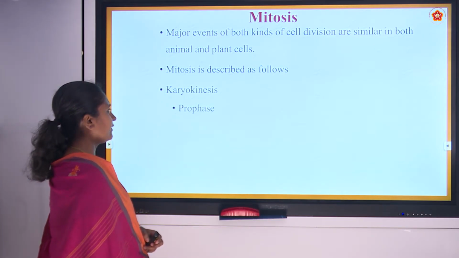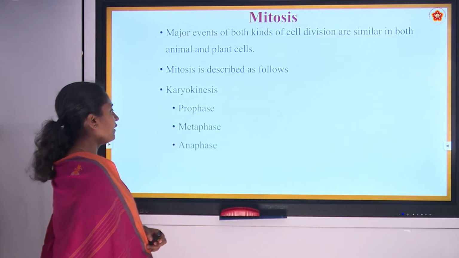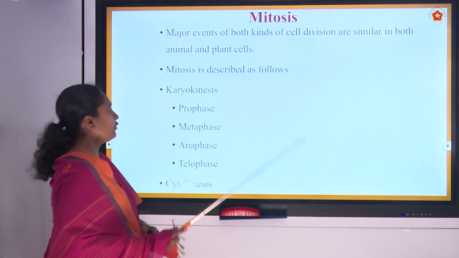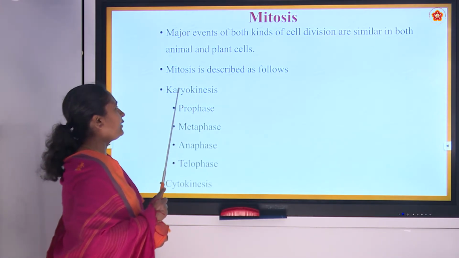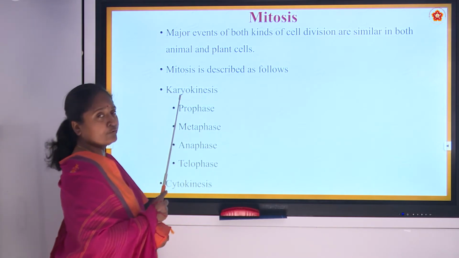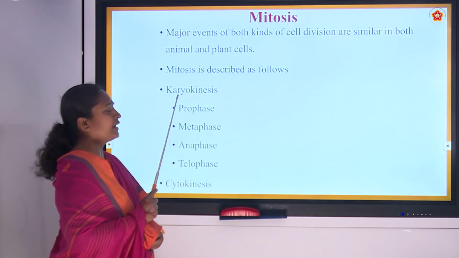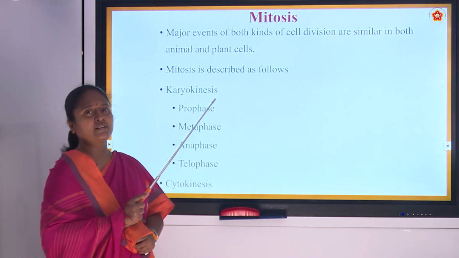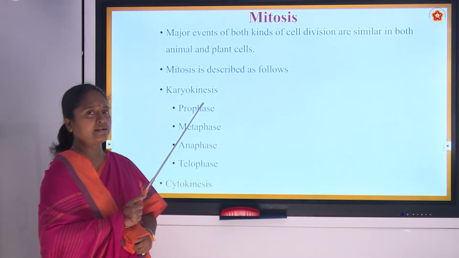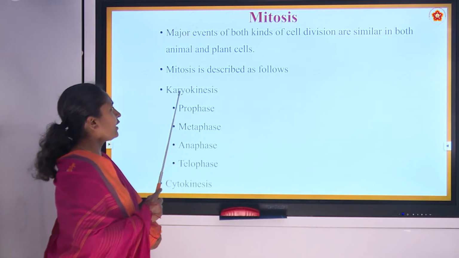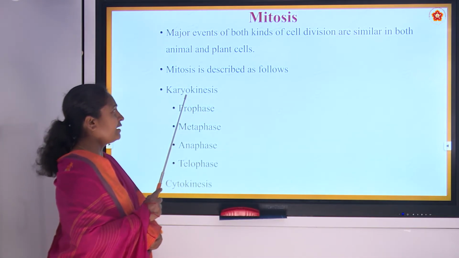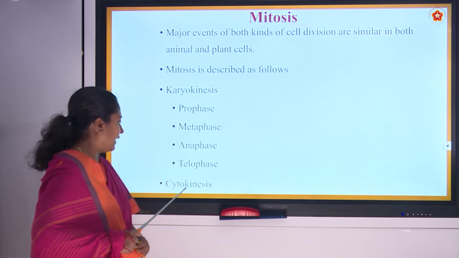In karyokinesis, we have four phases. What is happening in karyokinesis? Karyo pertains to the chromosomal part, the DNA part. This DNA has to get separated among the two daughter cells, then only will they become identical, right? So karyokinesis has to happen first, which is followed by cytokinesis.